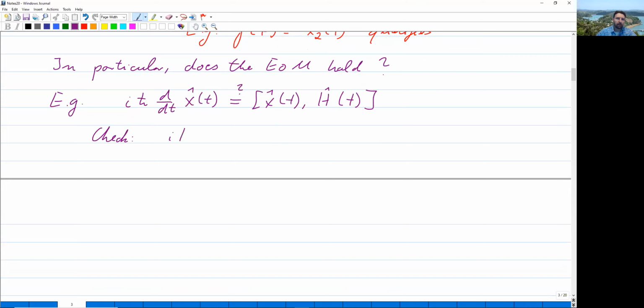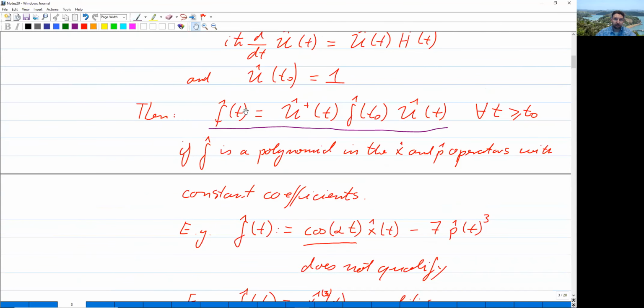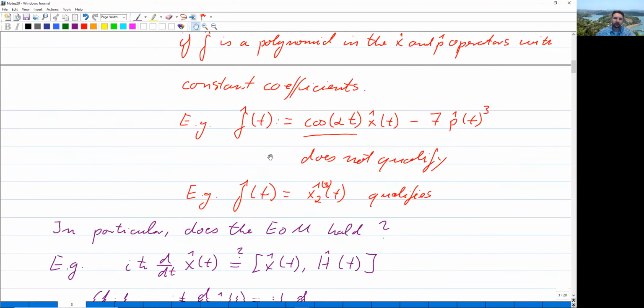So i h bar d by dt of x hat of t is, by the definition above, i h bar d by dt of, well, x hat of t is claimed by the proposition to be u hat dagger of t, x hat of t naught, u hat of t.